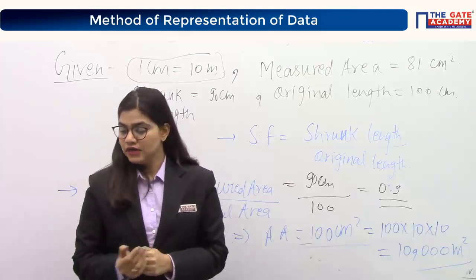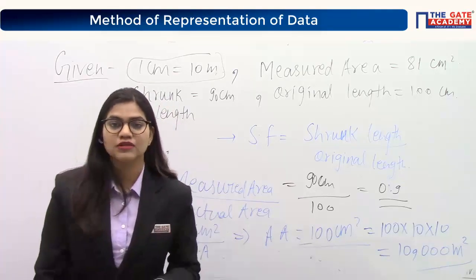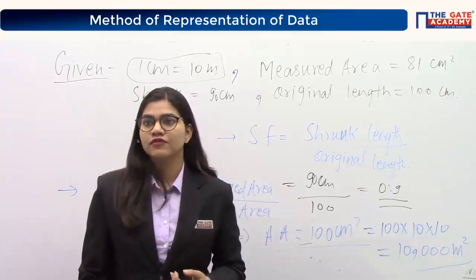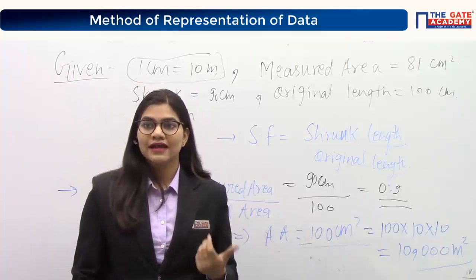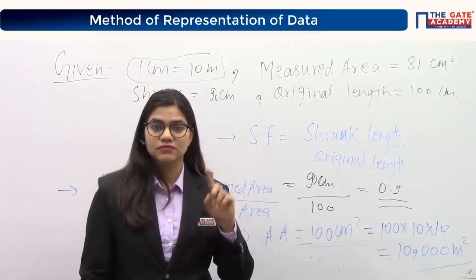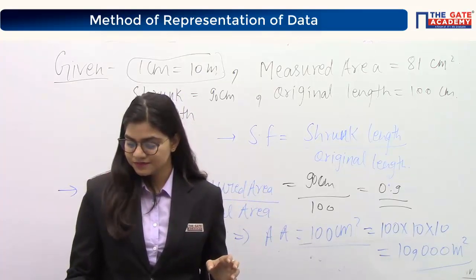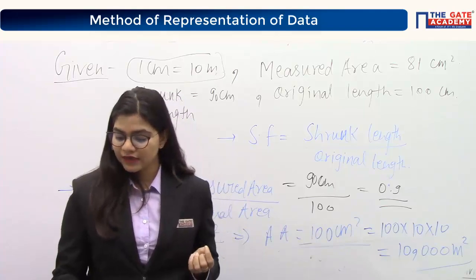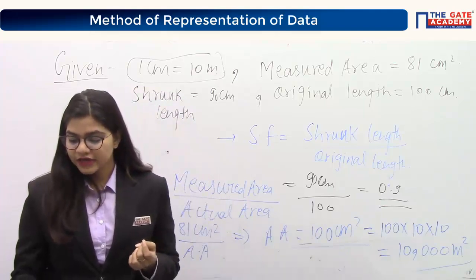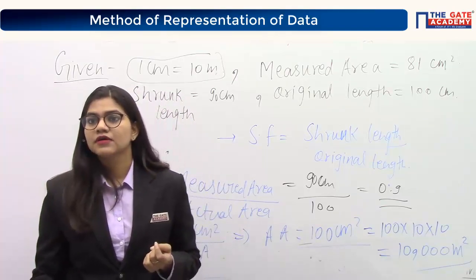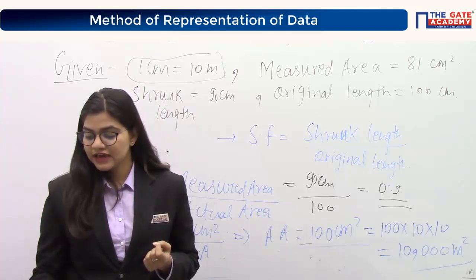Yes? So I'll read the theoretical question that has come in GATE. Okay, the theoretical question. You just tell me the answer. The type of surveying in which the curvature of Earth is taken into account.